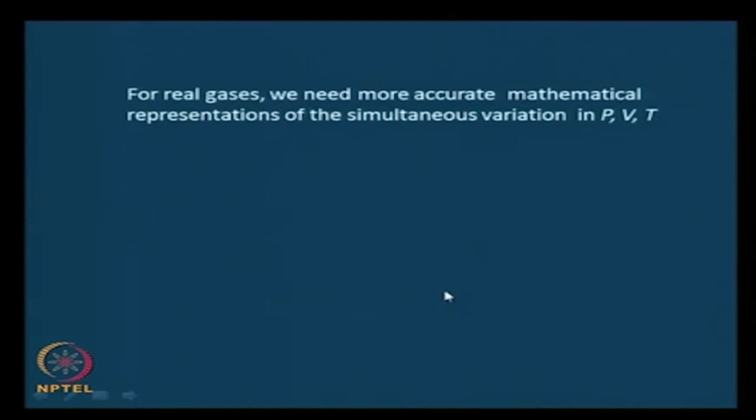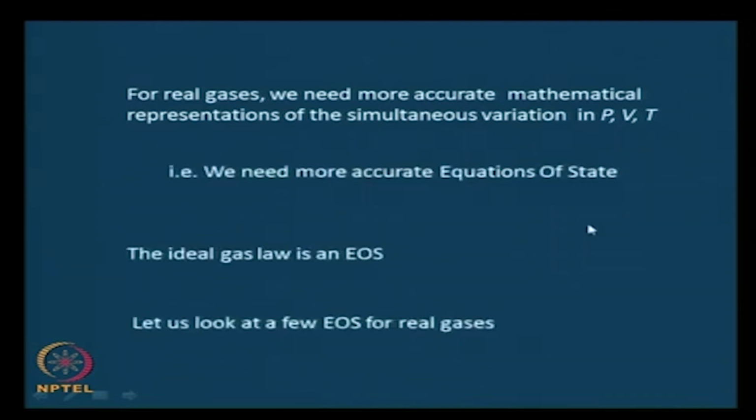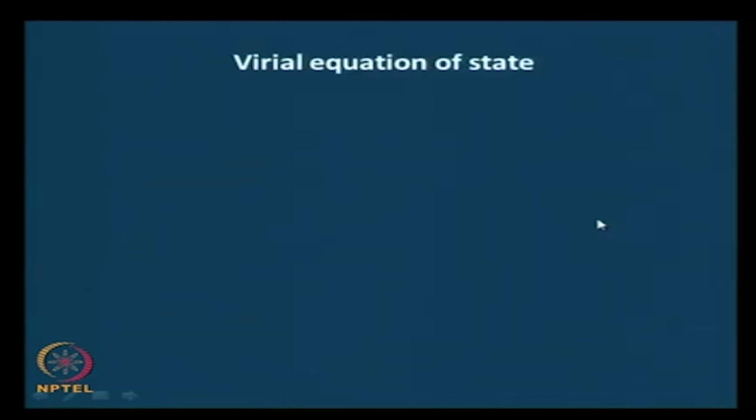It is quite easy to realize that we need more accurate mathematical representations, because PV equals RT is not going to do the job anymore. And the first improvement that we saw in the equation of state to represent real gases is the virial equation of state, which is written in terms of what is called the compressibility factor.